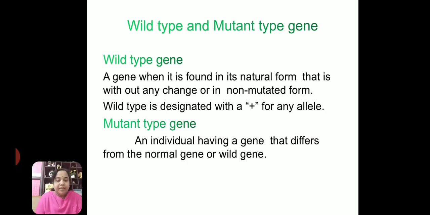That means it has not been affected by any changes. It is seen in its natural form. So such a gene which is in natural form without any change is called a wild type gene.